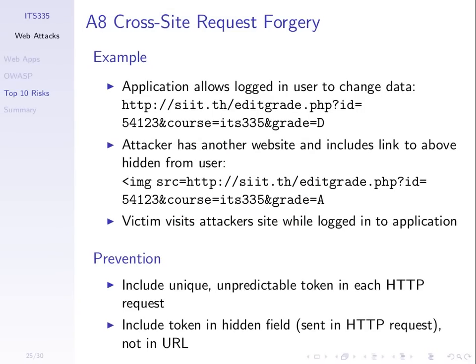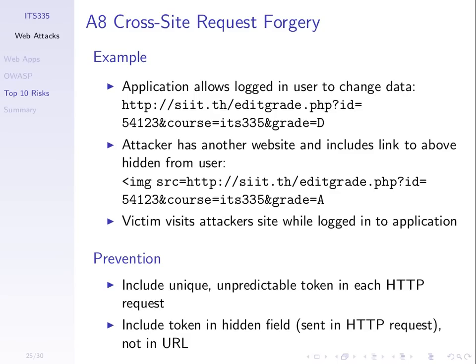So a cross-site request forgery, CSRF. The application allowed the logged in user to change data. So Steve could change the data. The attacker has some other website that they control, and they include a link that's hidden from the user to make a change, and they somehow trick the victim, the person that's logged in, to visiting that link, therefore performing the change.